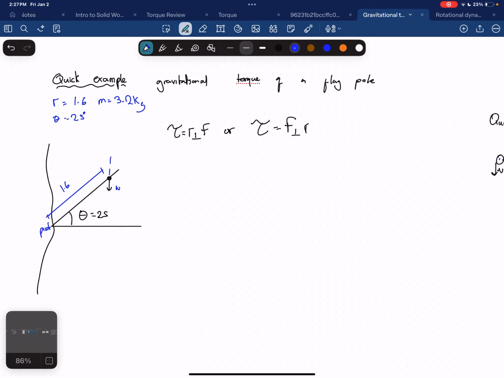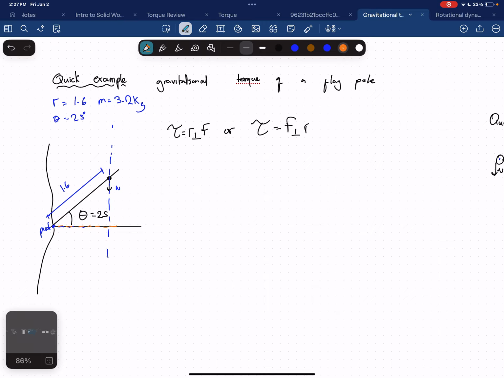So if I draw my line of action, which is just a straight line through the force vector, my moment arm is from my pivot to the line of action.